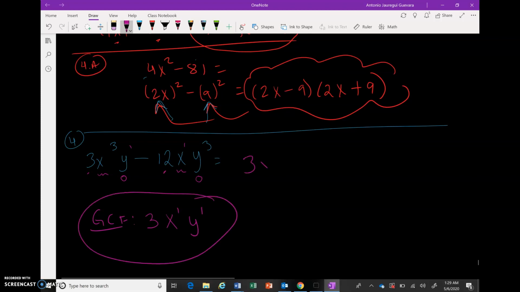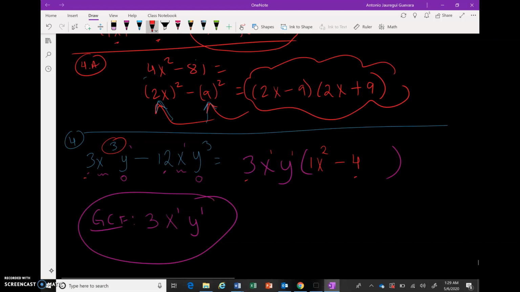I'm going to factor that out, 3xy, and then multiply inside. 3 times 1 gives me 3. x to the power 1 times x squared gives me x to the power 3. That checks. I already have a y there. 3 times one number will give me negative 12; that's 3 times negative 4.